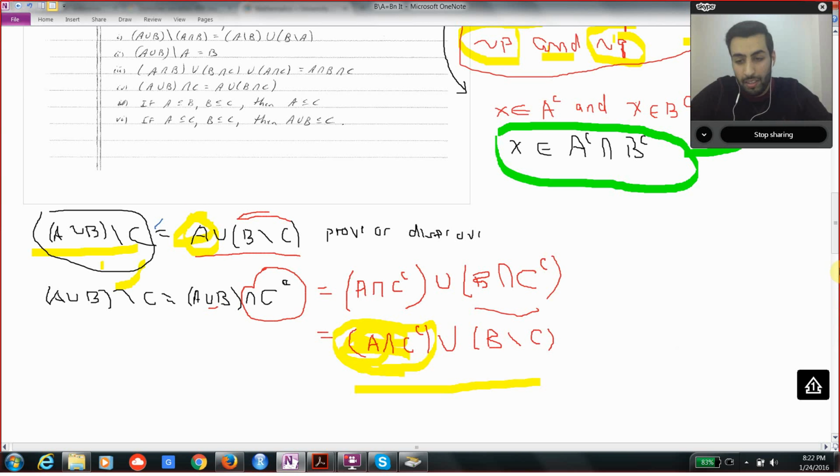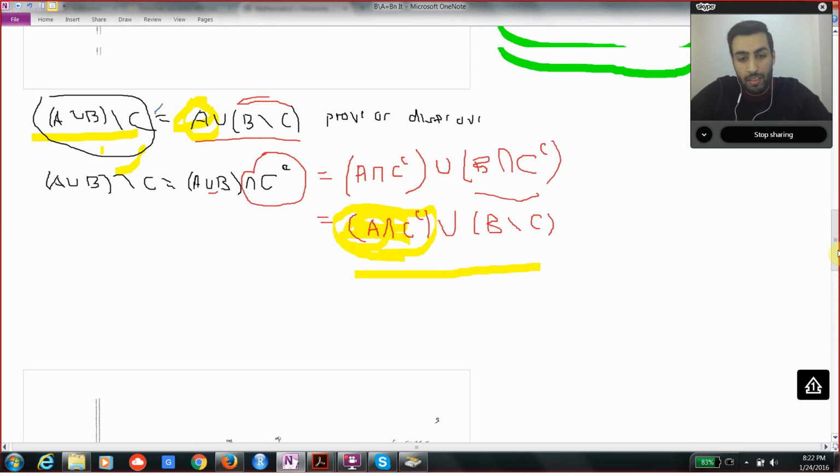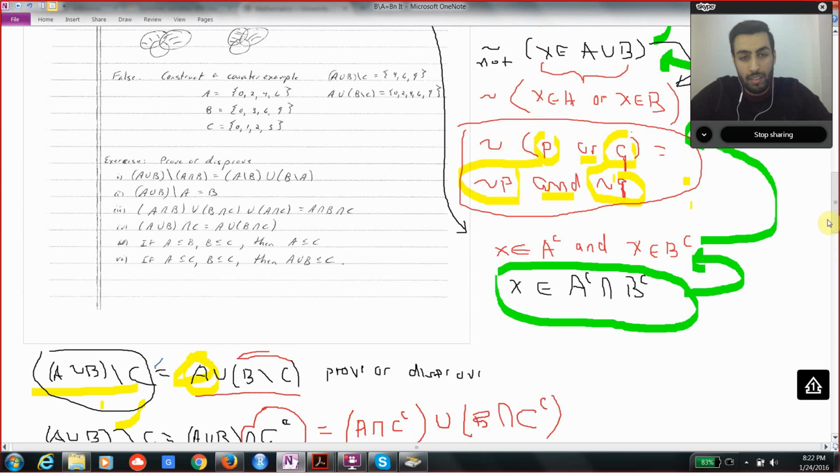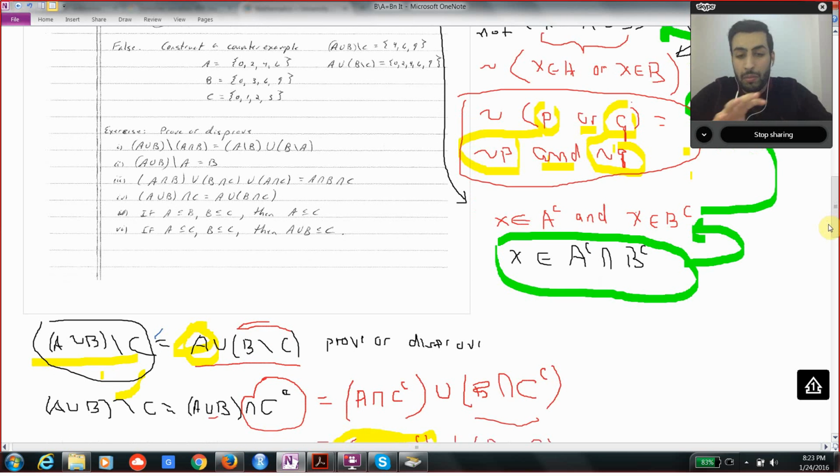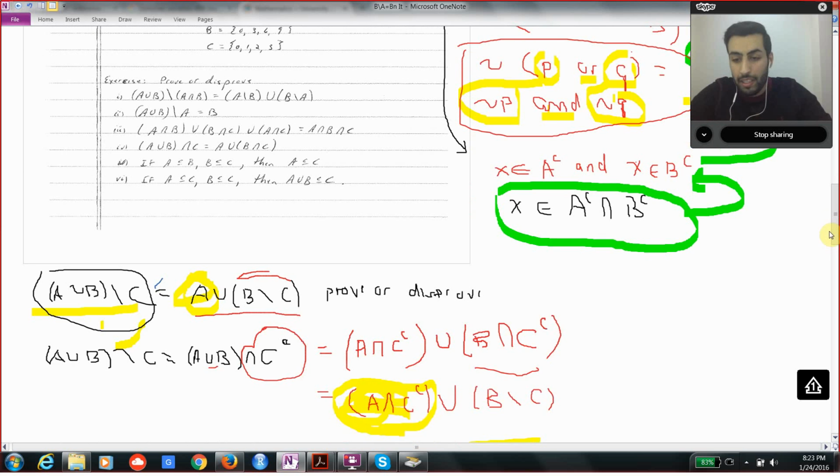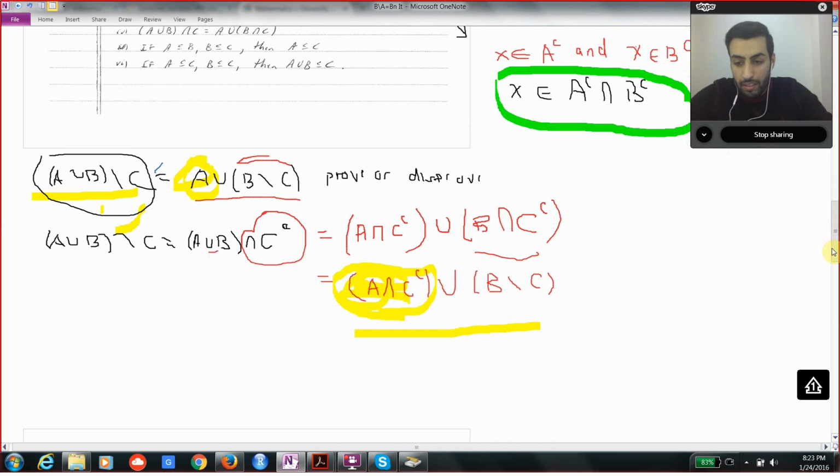So let's make some sets here. He's actually showing this with a counterexample. Let's go ahead and use his example. This is one of the ways you can prove this is false, because now I know from this identity that they're not equal, so I can easily find a counterexample.